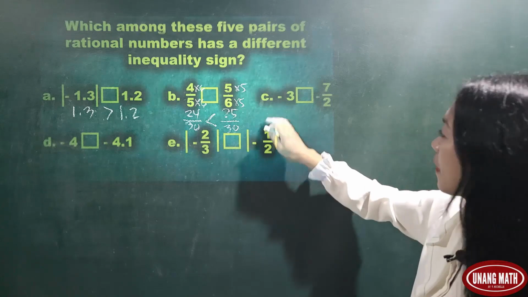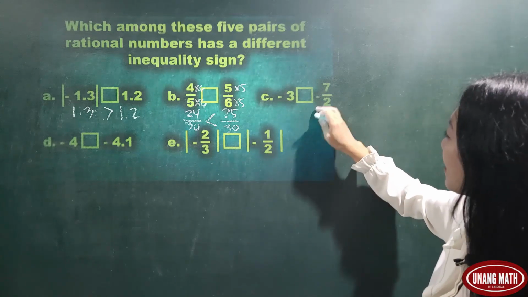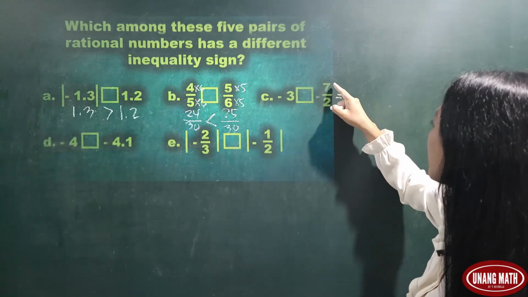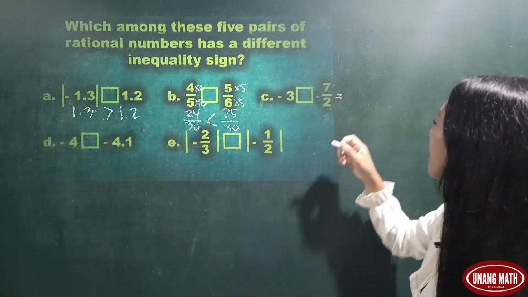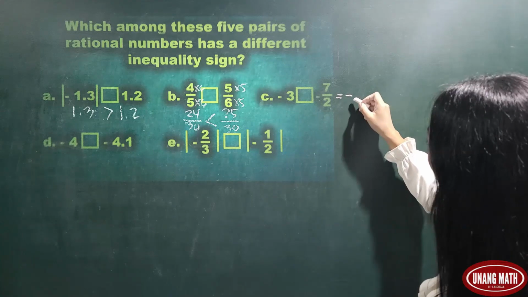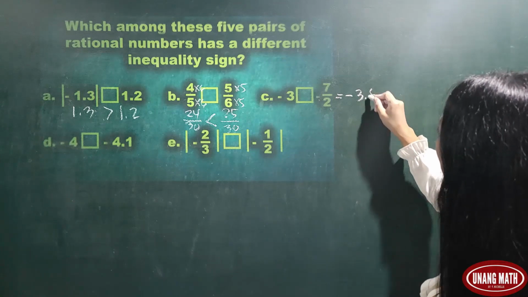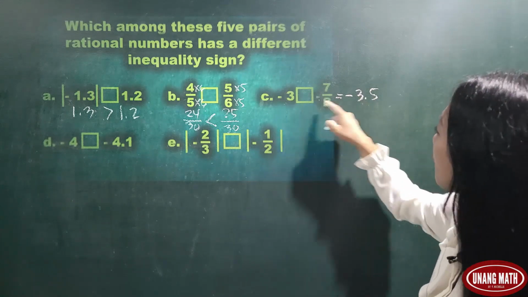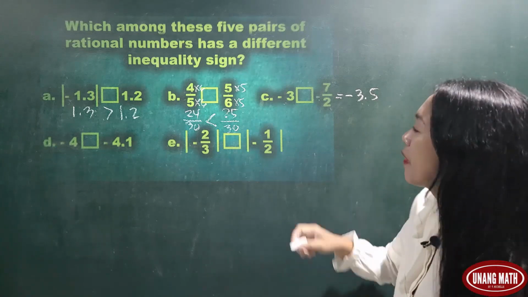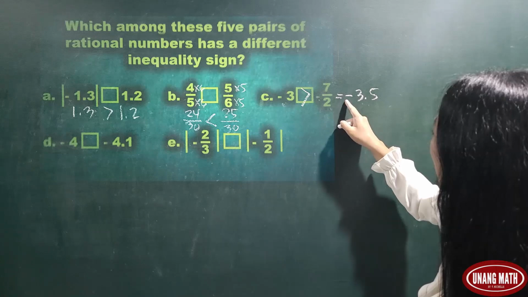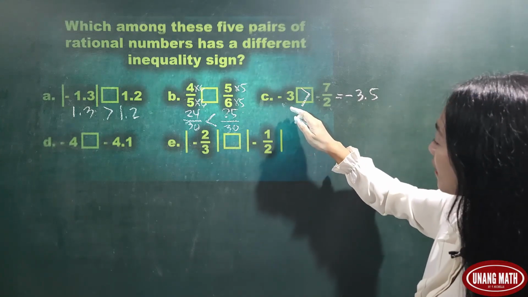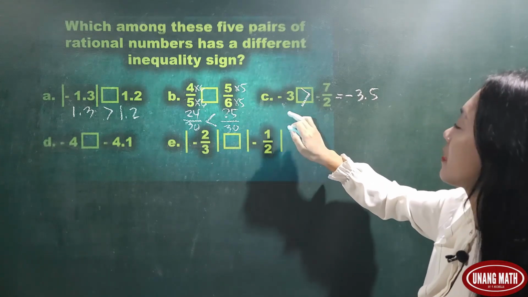How about letter C? Negative 3 and negative 7 over 2. Let's convert 7 over 2 to a decimal number. This is negative 3.5. Both numbers are negative, but negative 3 is greater than negative 3.5. If we get the absolute value of negative 3, it's positive 3.